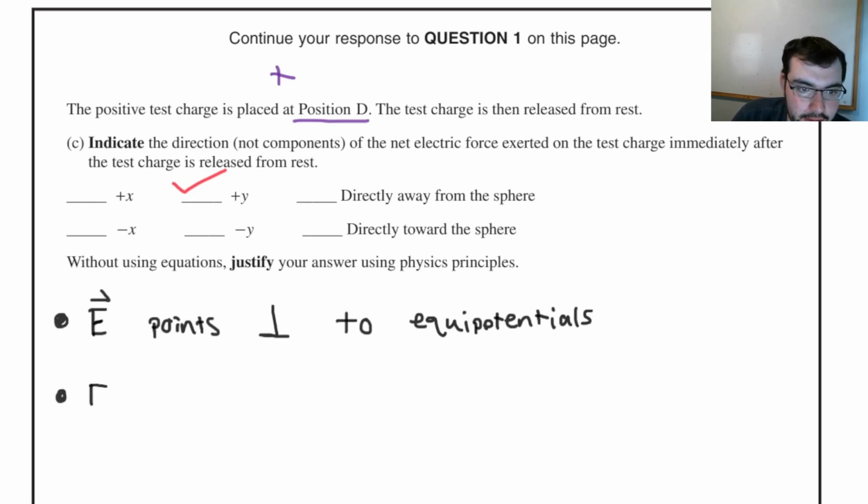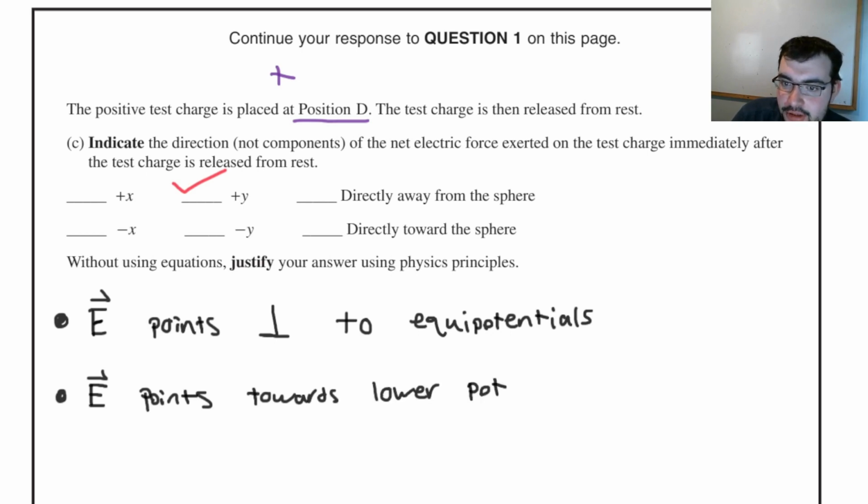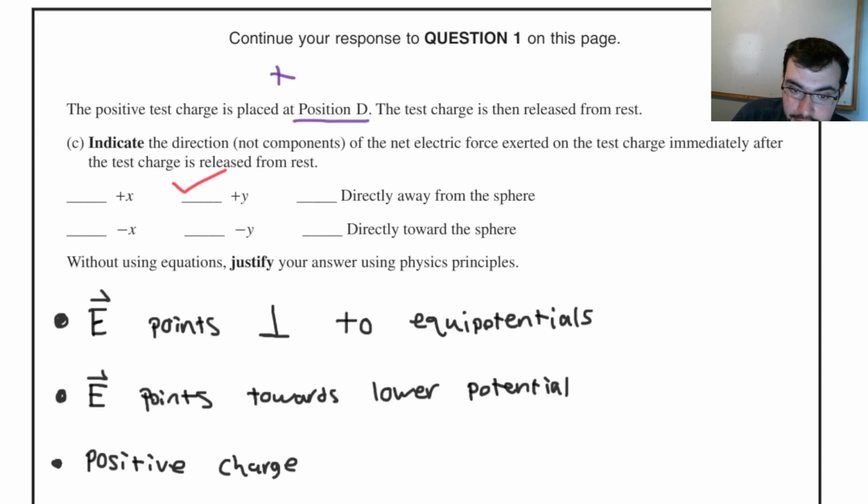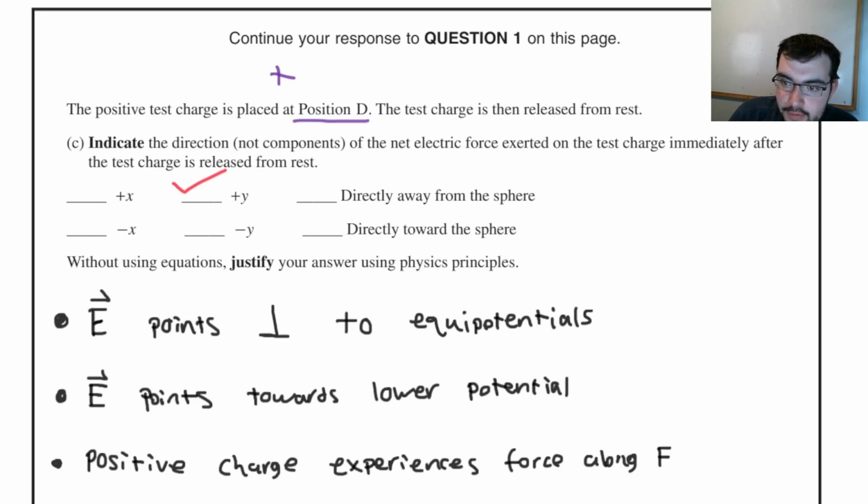And also, E points towards lower potential, and a positive charge experiences force along the E field. If it was a negative charge, it would be the opposite, because negative charges go against the E field.